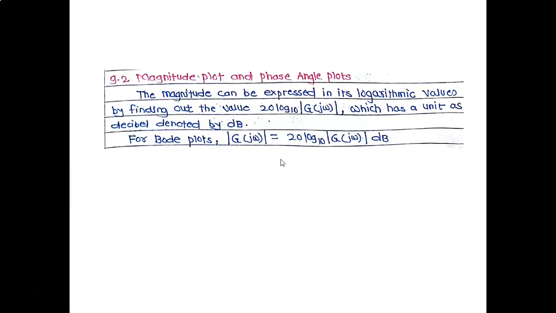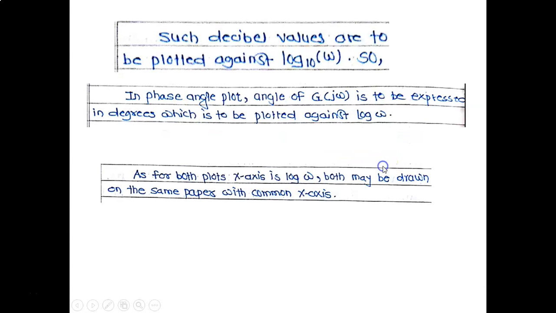Now, next point, magnitude plot and phase angle plots. The magnitude can be expressed in its logarithmic values by finding out the value 20 log of mod of G(jω) to the base 10, which has a unit of decibel denoted by dB. For Bode plots, the magnitude of G(jω) is equal to 20 log of mod of G(jω) to the base 10 in decibels.